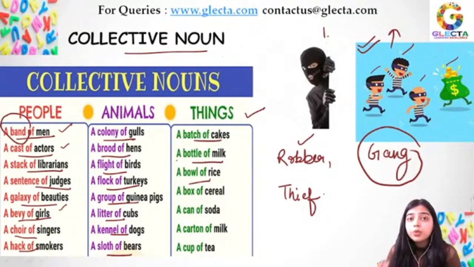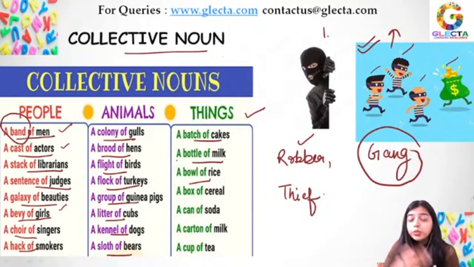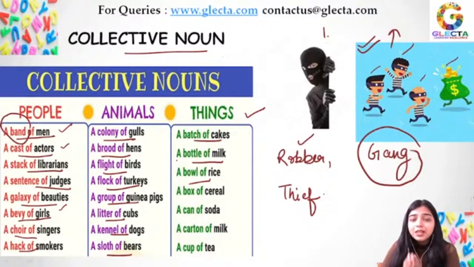That is how we are using collective nouns in a sentence to make the sentence look in a way that we are providing multiple entities, multiple things, but with a group name. Isn't that interesting? That is something that we discuss when we are discussing collective nouns.